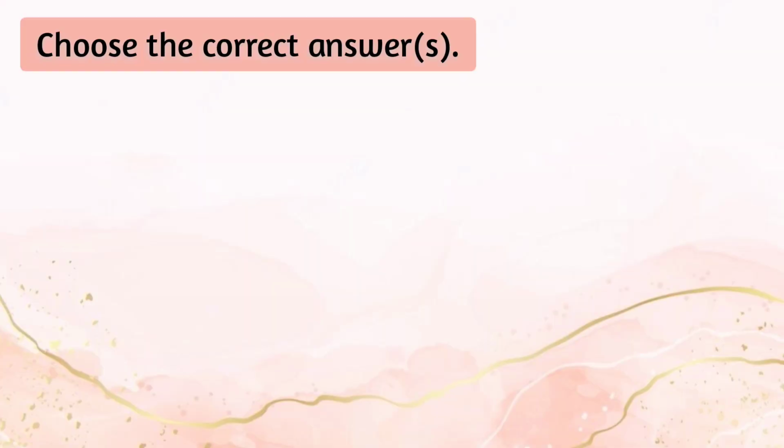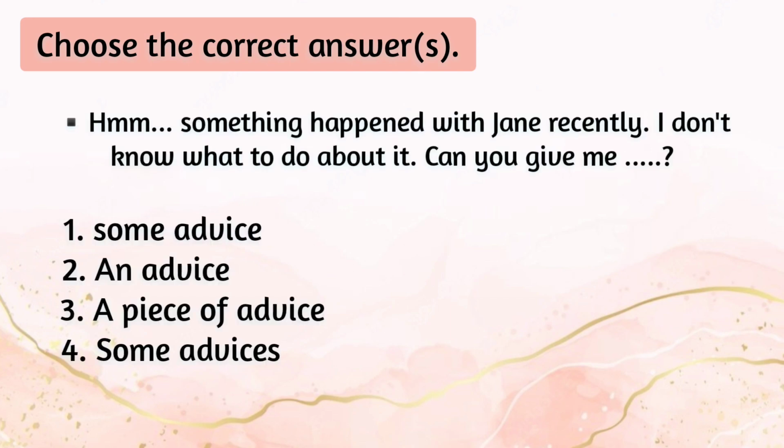Alright, let's do some exercises to see how much you've learned. Choose the correct answer. Something happened with Jane recently. I don't know what to do about it. Can you give me... Let's first cross out the ones that are not correct.